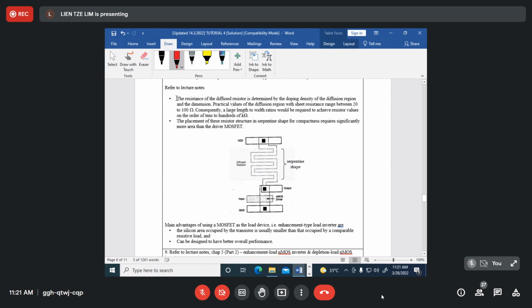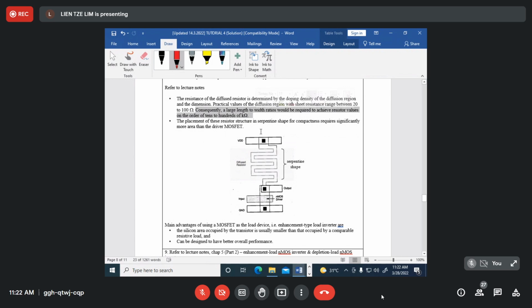The resistance of the diffuse resistor is determined by the doping density of the diffusion region and the dimension. Practical values of the diffusion region sheet resistance range between 20 to 100 ohm. Consequently, a large length to width ratio is required to achieve resistor values on the order of tens to hundreds of kilo ohm.